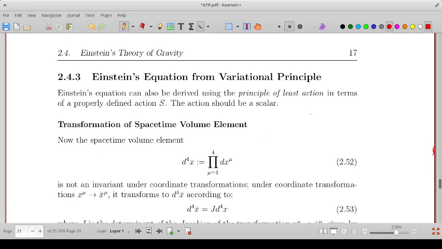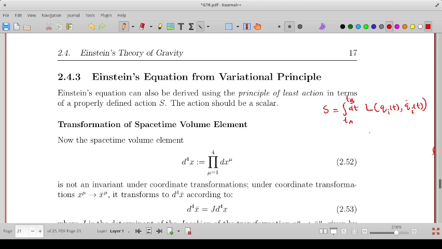Now, from single particle classical mechanics, we see that the action corresponding to such a problem can be defined as the time integral of a Lagrangian, which involves the generalized coordinates qi and the corresponding generalized velocities qi dot, where the integral is taken from the initial time ta to tb.